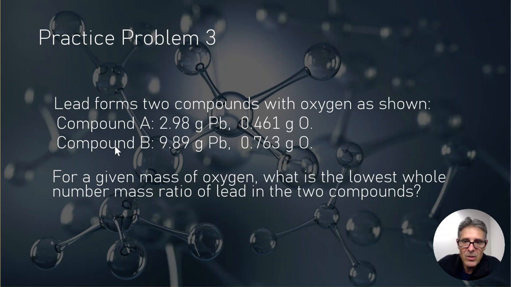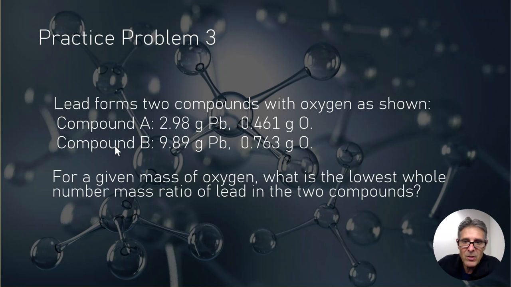Then we take 2.98 and also divide it by that same 0.461. Then we take the 0.763, divide that by 0.763, and now that's 1. And we take the 9.98 and divide that by 0.763, and that'll give us 12.96, almost 13. So now we have the masses of lead in relationship to the same mass of oxygen.